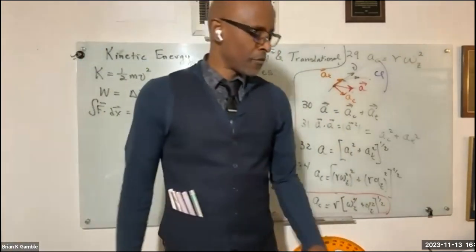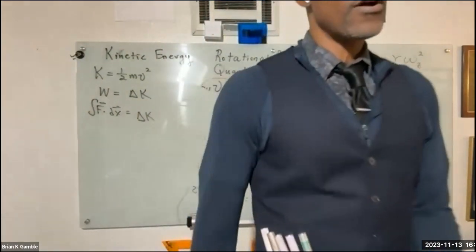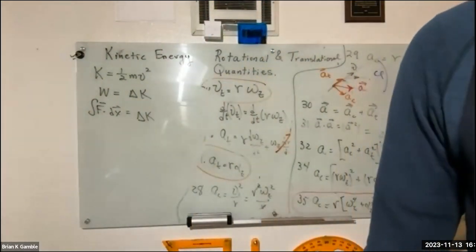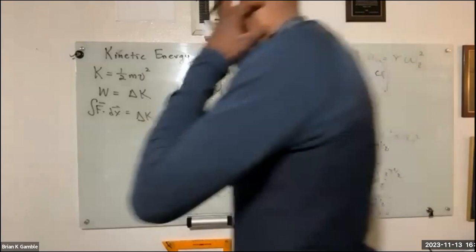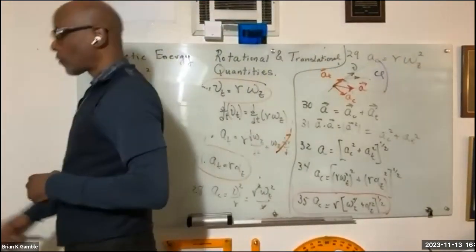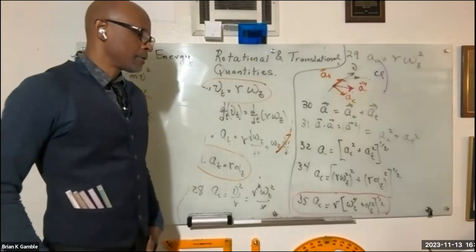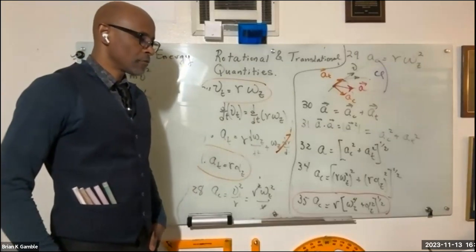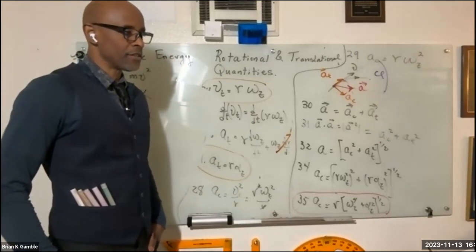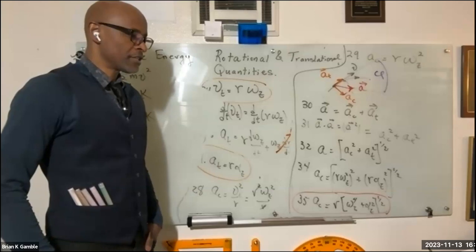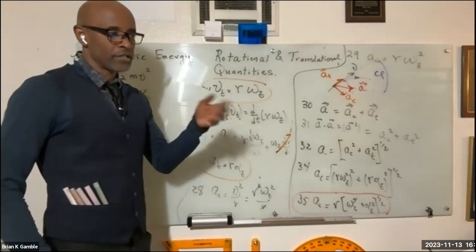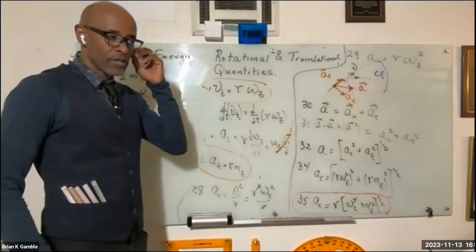When we get to upper level physics, we get into something called degrees of freedom. You can have different forces acting on an object to give it different types of motion along its different degrees of freedom.